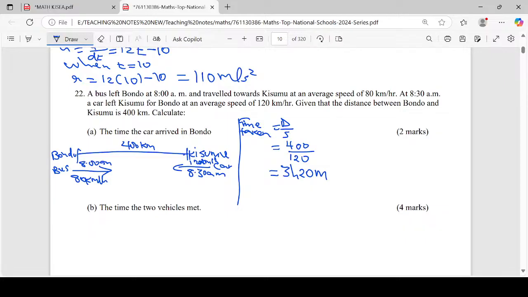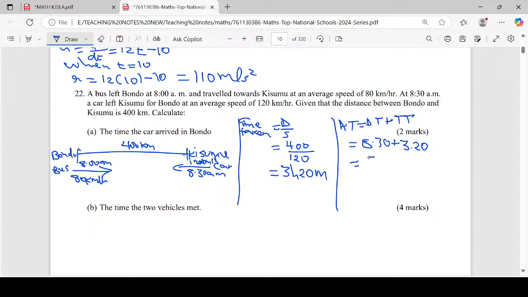Now, after knowing that, let's get the arrival time. Arrival time is normally obtained by taking departure time plus the time taken. The car departed at 8:30 and it took 3 hours 20 minutes on the road.